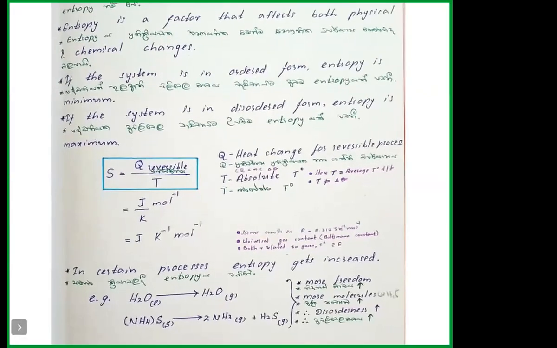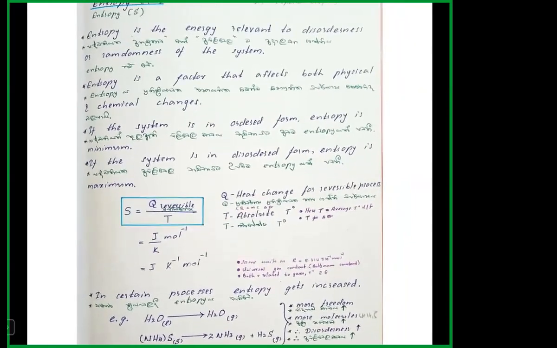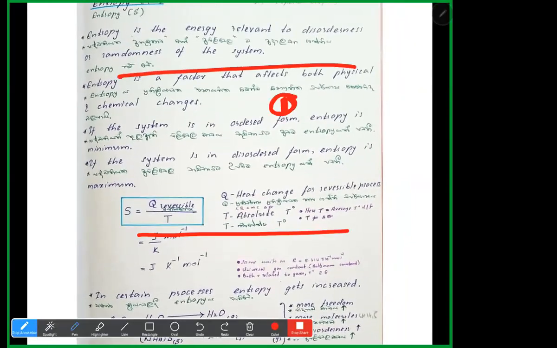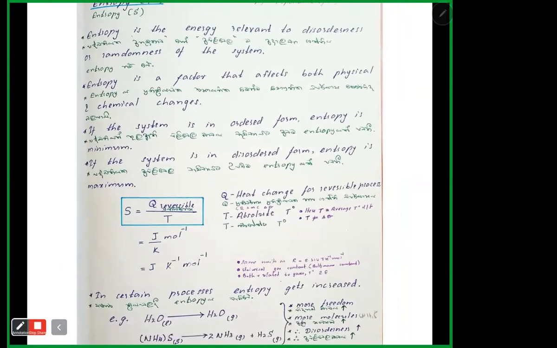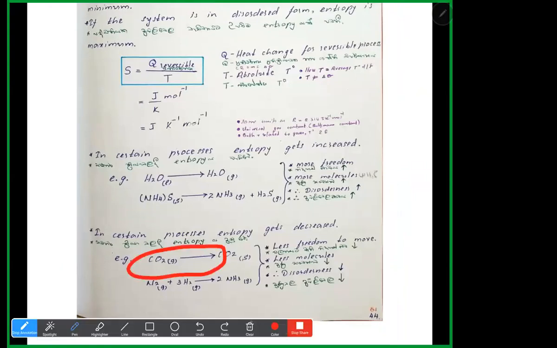Entropy. Entropy is the randomness, disorderness. Entropy equals heat change of a reversible reaction divided by temperature. So the units become joule per Kelvin per mole. This is how we decide whether the entropy is negative or positive.